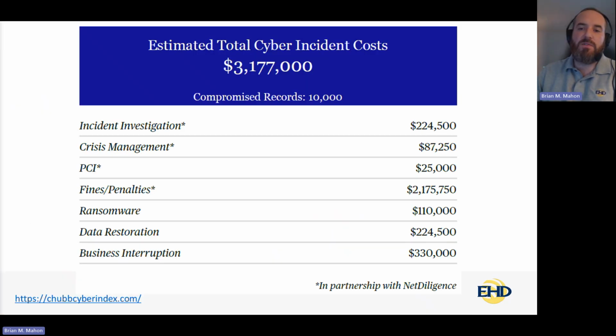But what they say is with that revenue, with these records, your cyber risk is about $3 million, and they break it down by the various items you'd have to spend post incident if you lost those 10,000 records, right?